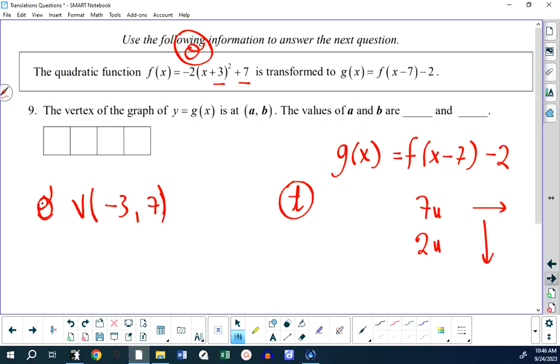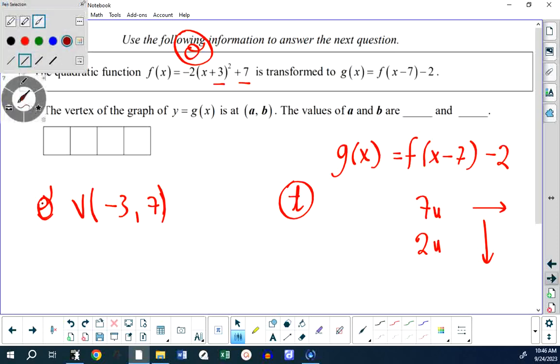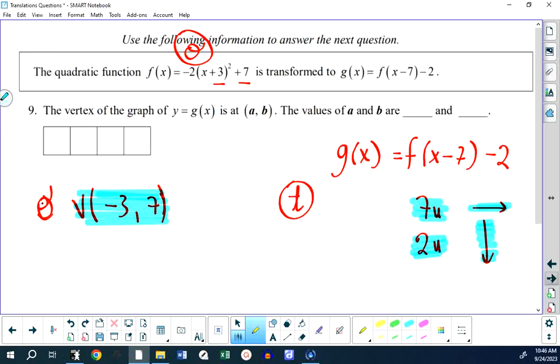So all we need to do here to answer this question is say, what happens to this point right here? What happens to this point when we do this to it? And the answer is that -3 will have 7 added to it.